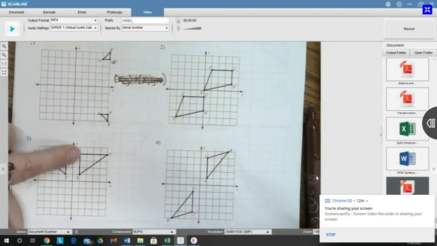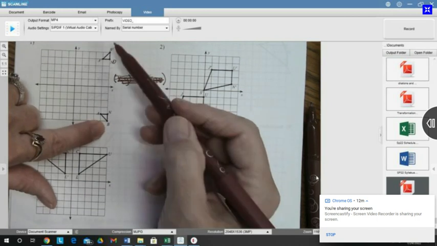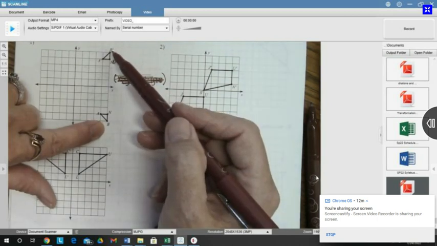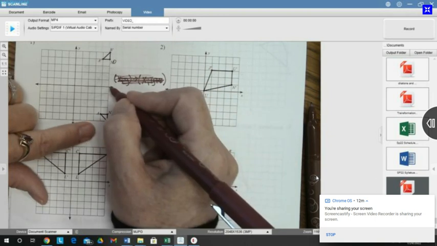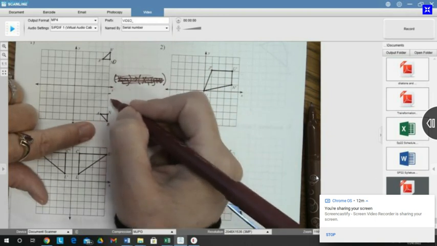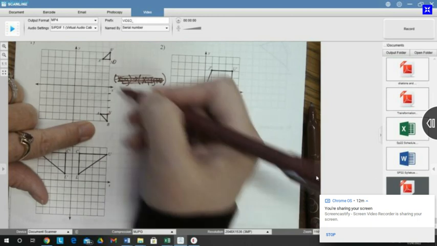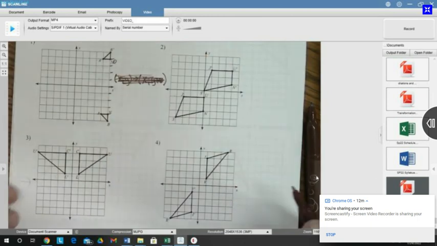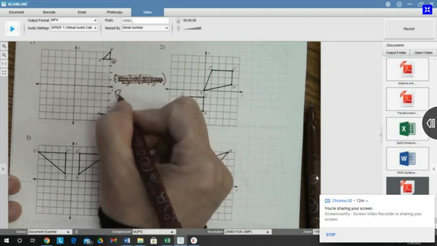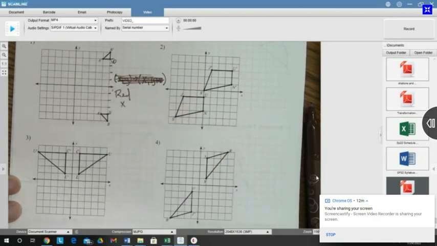But if I look here, B is on the bottom and B prime is on the top, okay? Also, I want to see that 1, 2, 3, 4, 1, 2, 3, 4, equal distance from the x-axis. So this is a reflection over x, okay?